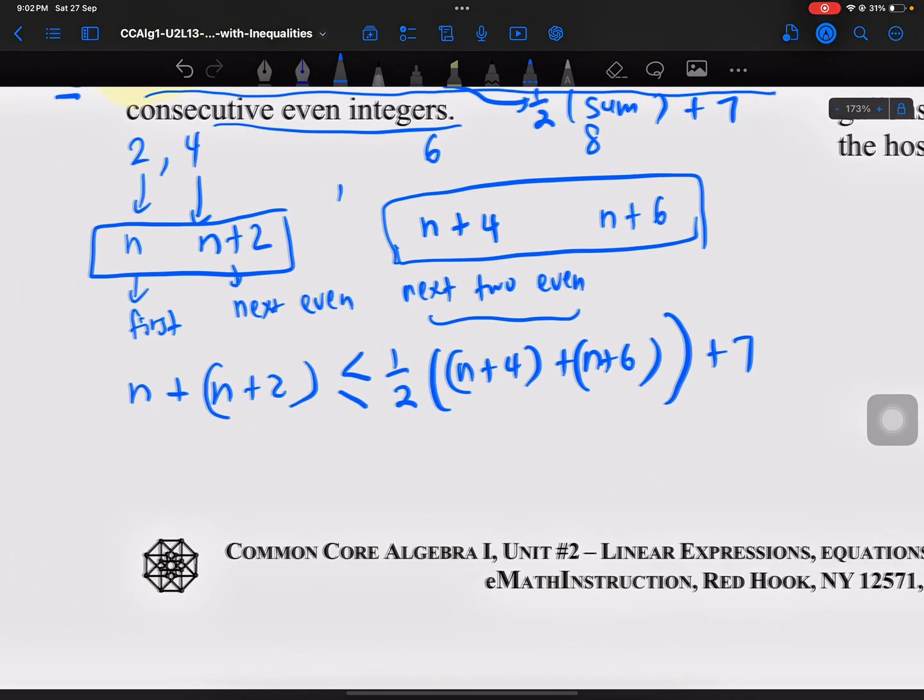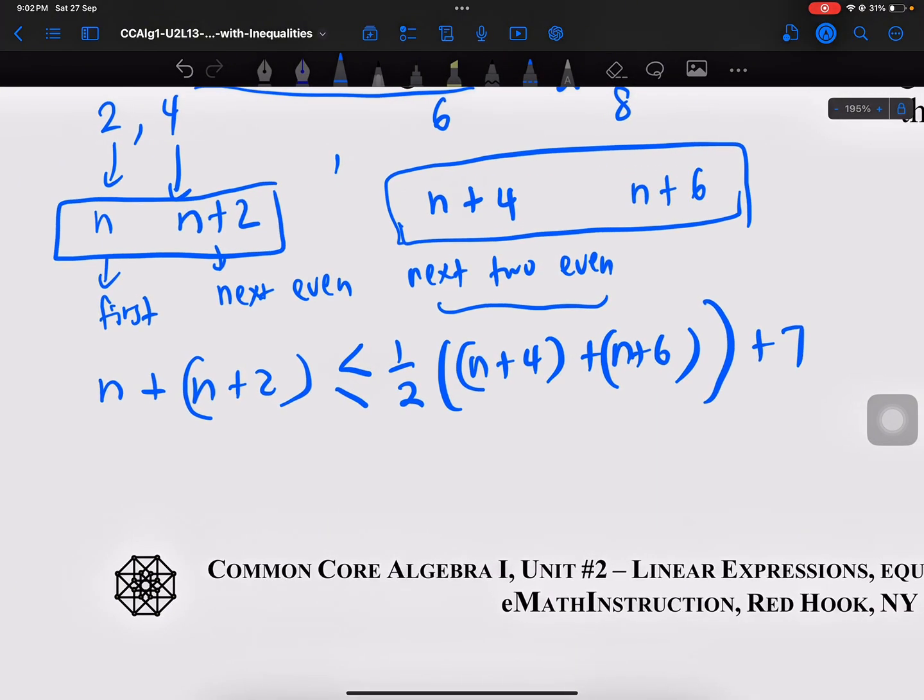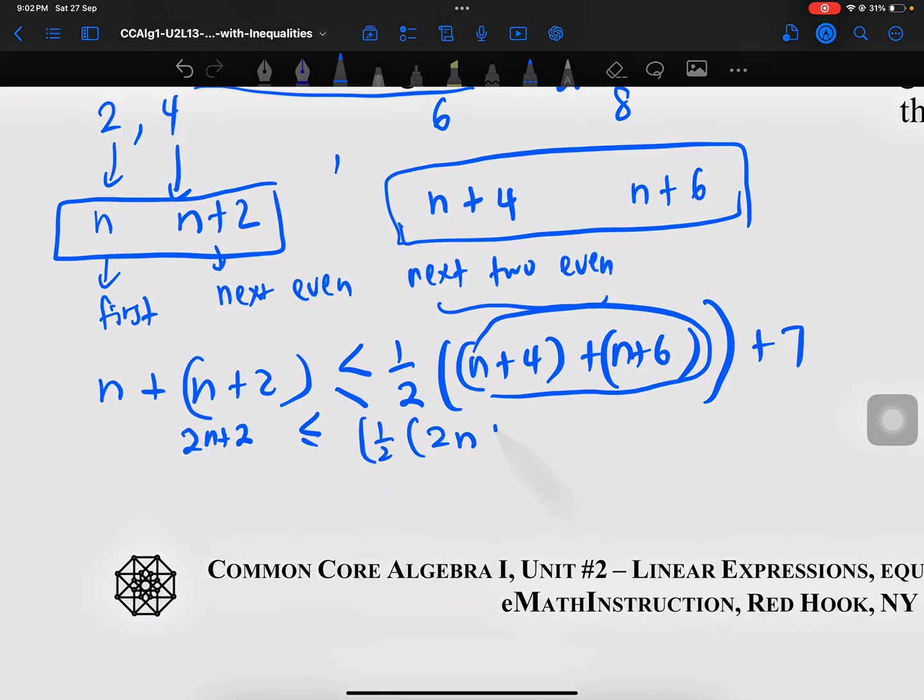And then now what I need to do is I need to combine everything. So this one is 2n plus 2. The other side will be, we settle the bracket first. It is half of 2n plus 10, plus 7. So then I will have, this one I need to distribute in.